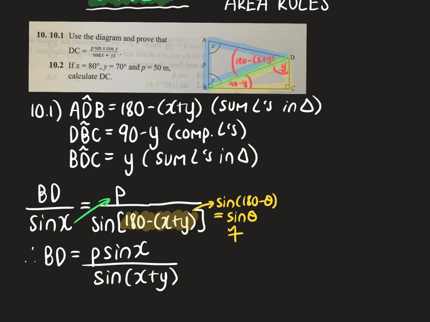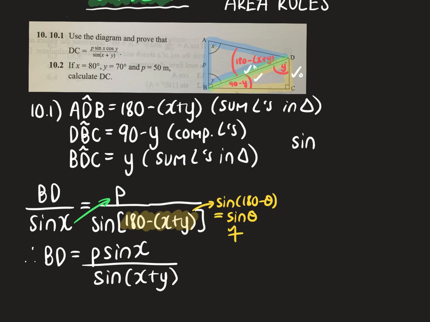Now I'm going to use BD in my yellow triangle to solve for DC. So remember, I've got this side, I want this side, and I've got this angle. We can use the 90 minus y angle, and say opposite over hypotenuse. What trig function uses opposite and hypotenuse? Sine.